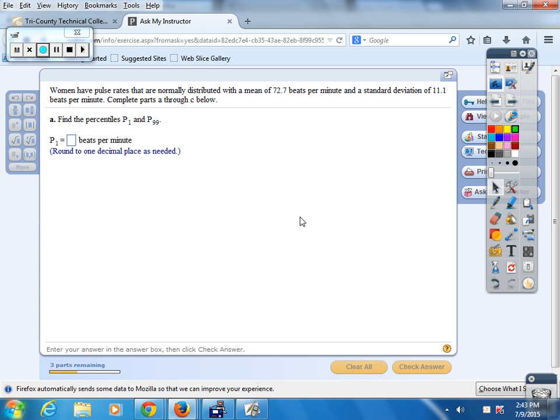Women have pulse rates that are normally distributed with a mean of 72 and a standard deviation of 11.1. Okay, go ahead and draw your picture. That's your first percentile and your 99th percentile. Actually, they're symmetrical. But it's probably going to ask you B anyway, so we got to go over it.